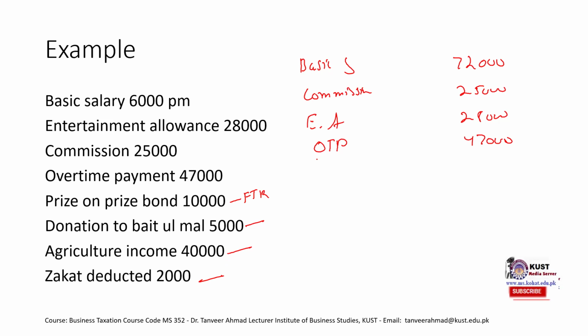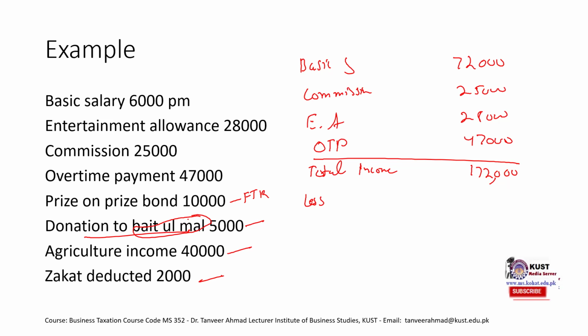So we calculate our total income or gross income. This total income would be 1,72,000 rupees. Once we have total income, we would have to deduct the deductions. So one of the deductions is donation to Baitul Mal. Baitul Mal is not in Schedule 2, so you can go back and check it yourself, but I have already checked it.